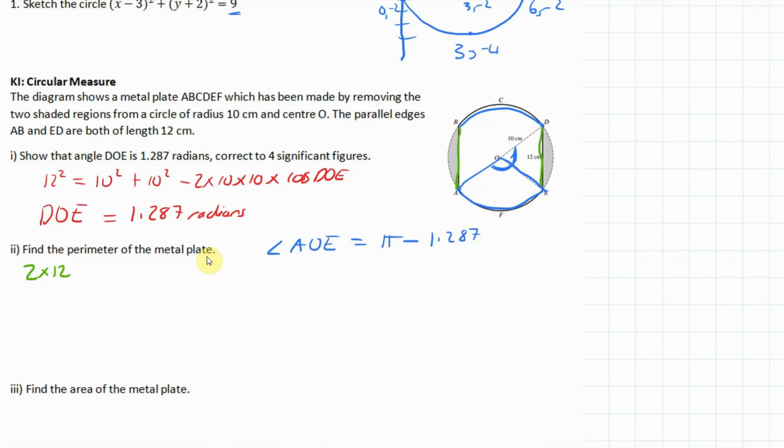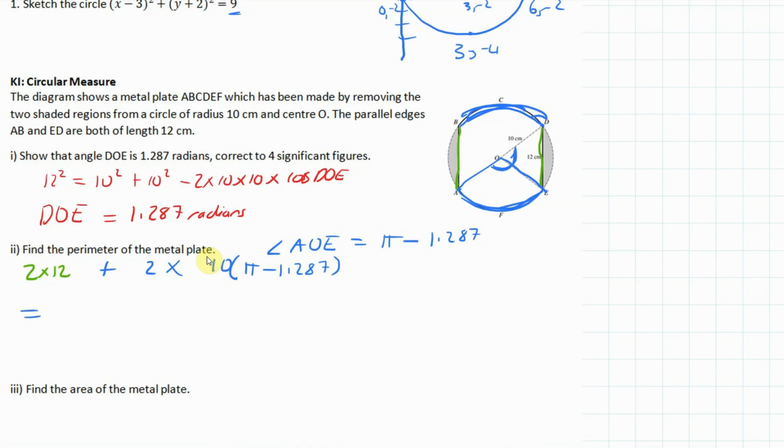So the perimeter will be 2 times 12 plus 2 lots of, because we've got this arc and we've got this arc, and they're both the same, 2 lots of arc length, which is r theta. So our theta in this case is going to be pi take away 1.287, and r is 10, our radius.